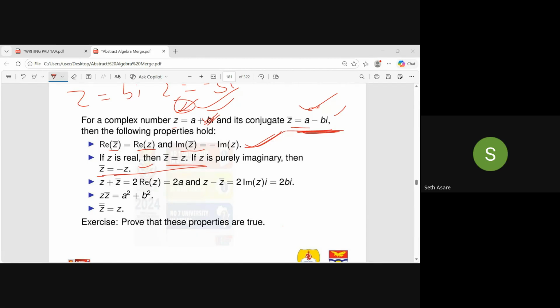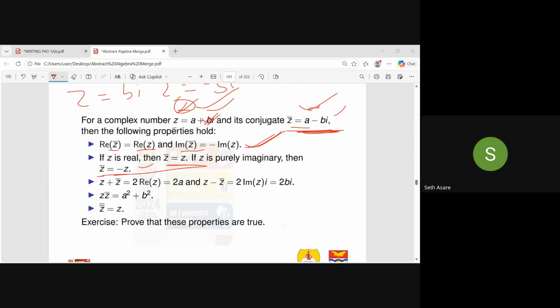Yes. A hand is up. 2bi. That is it. And when we multiply z by its conjugate, we know that it will be a squared plus what? B squared. Good.